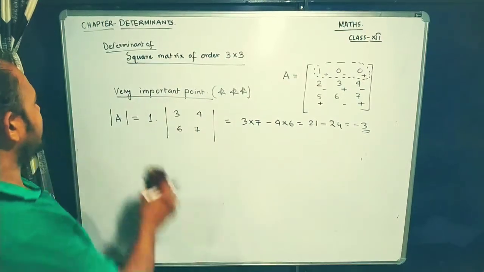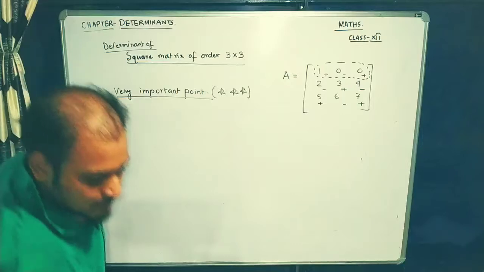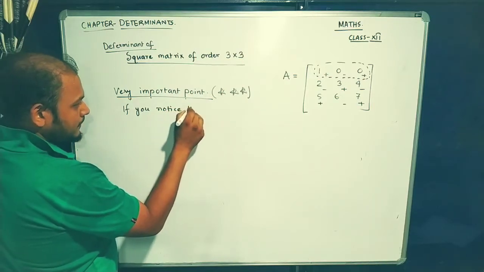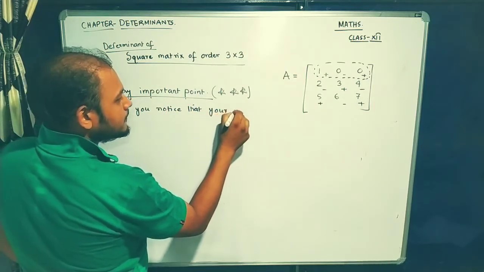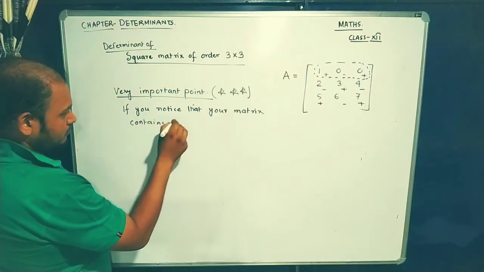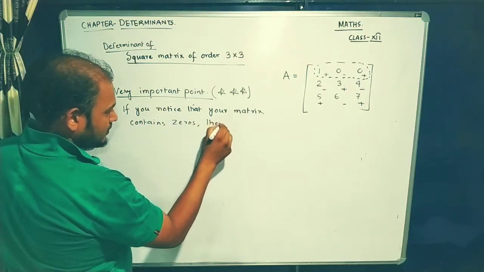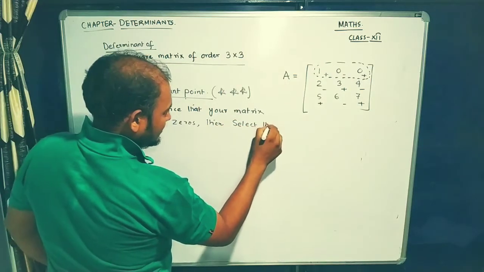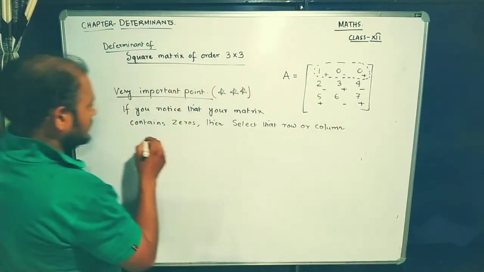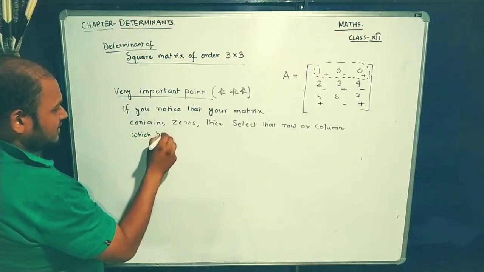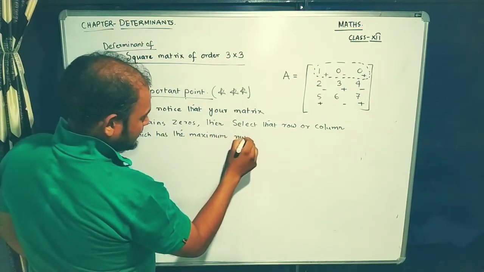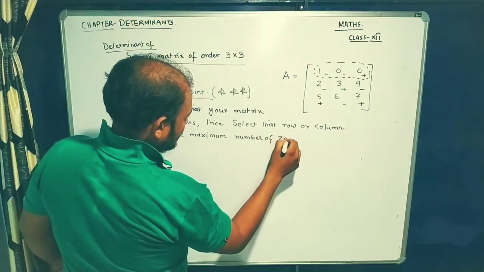So this very important point is that if you notice that your matrix contains zeros, then select that row or column which has the maximum number of zeros.